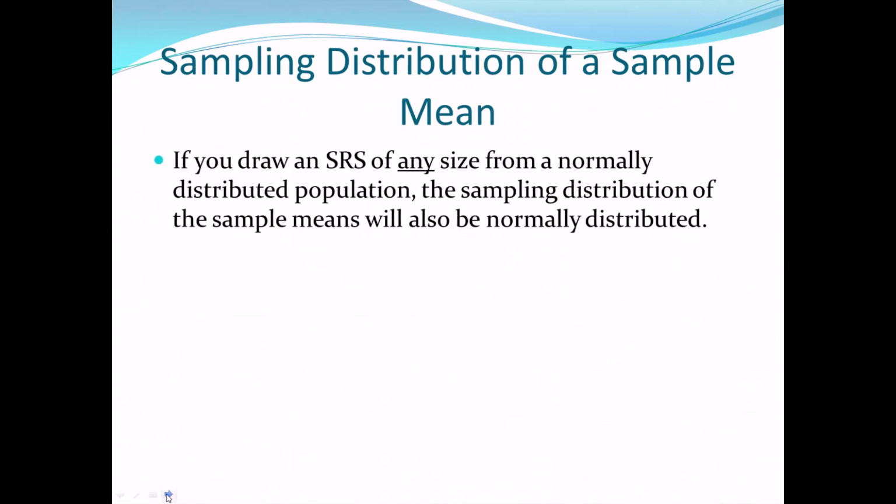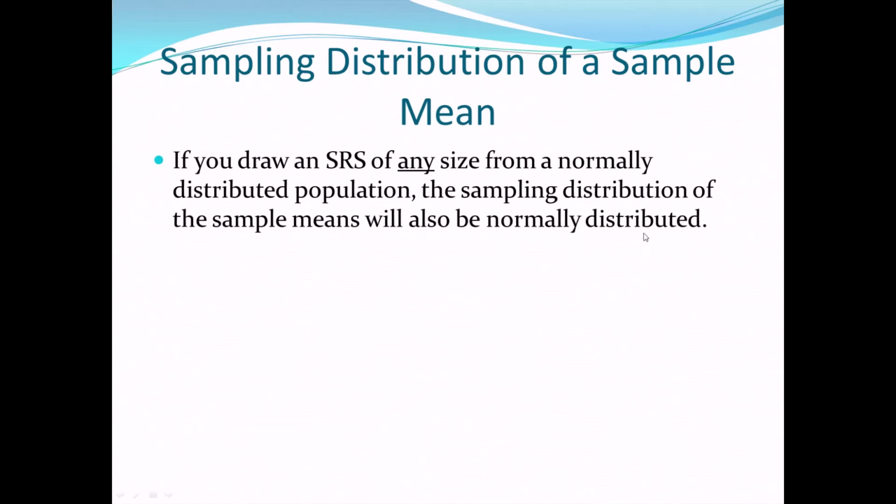All right, so the sampling distribution of a sample mean, this is critically important. If you take a random sample of any size from a normally distributed population, the key being normally distributed population, your sampling distribution of sample means, no matter how big the sample size it's built on, will also be normally distributed.